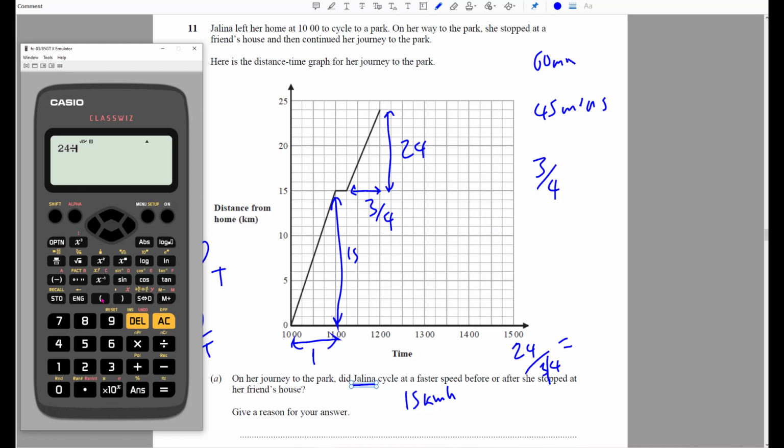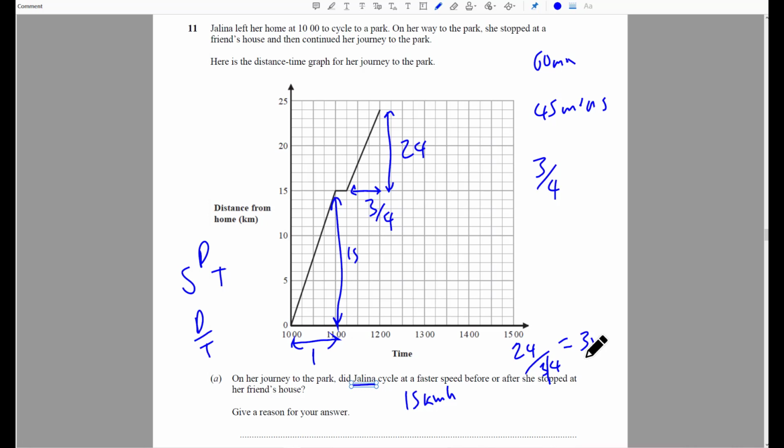Divided by 3, use a fraction button here. Don't want to do that. Use an arrow. That's 32. Now, can you see I made a mistake here? That's not 24, it's 24 minus 15.